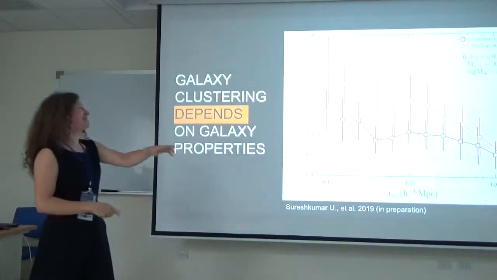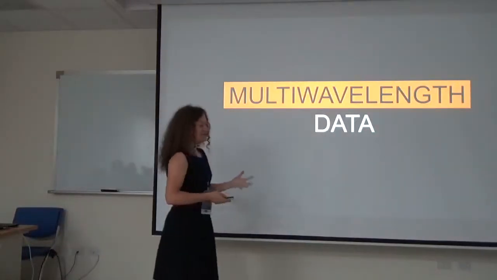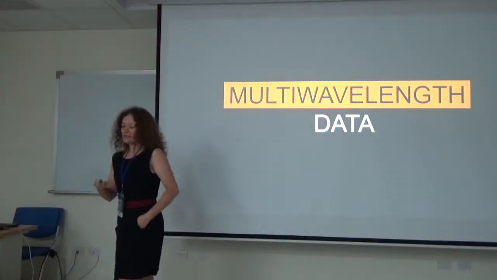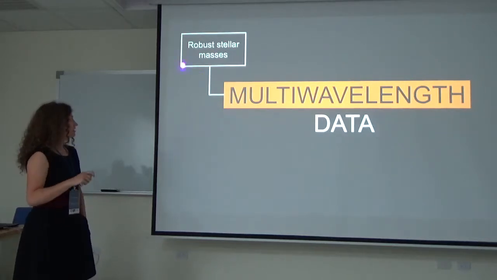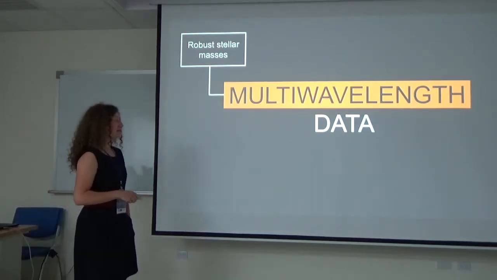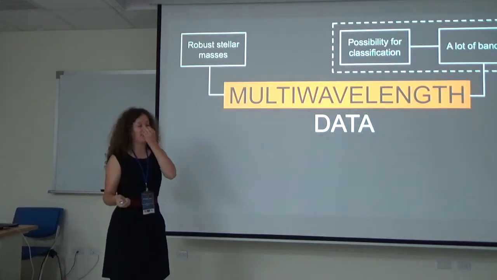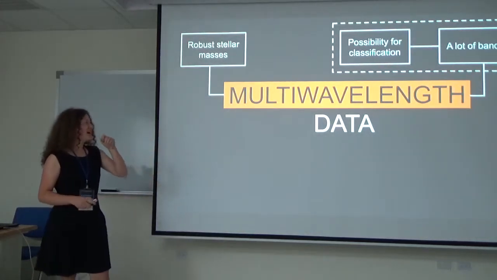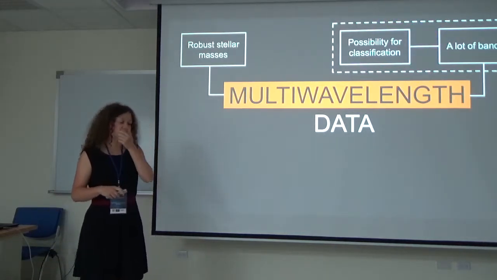No, it's fine. So what I need to do this better is multi-wavelength data, which gives me robust stellar masses. Through machine learning, I can possibly make a better classification of the galaxies.